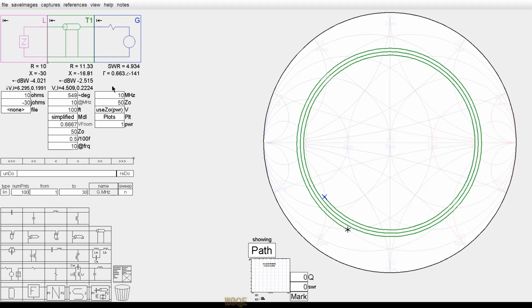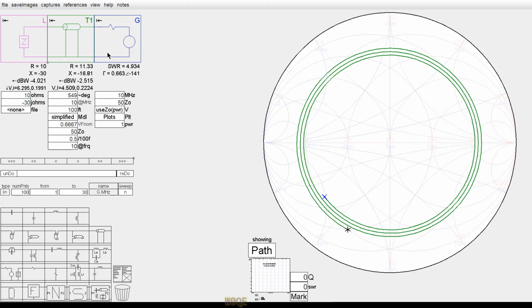That means I have 2.5 dB of mismatch loss due to my generator not being matched to my load. Then my output power is minus 4 dBW. Well, does that mean my transmission line has 4 dB of loss? No. Does it mean it has 1.5 dB of loss? What is it? So this generator really is not a good generator.